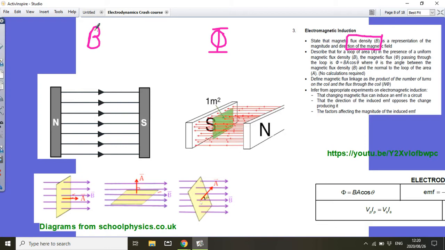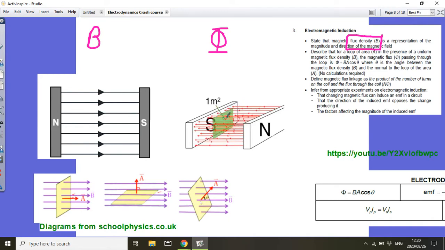Now, if you remember what density means, it always tells you something per unit volume or something per area. In this case, because there are lines moving like that, we're going to look at a specific area. If you look at this little diagram, the density would mean the amount of field lines passing through that area.